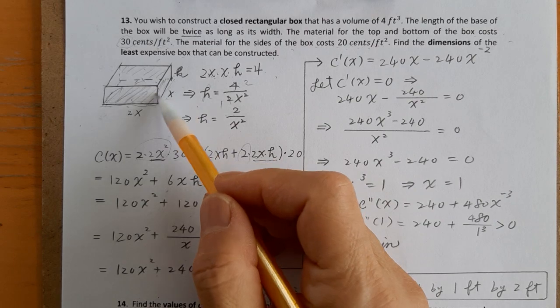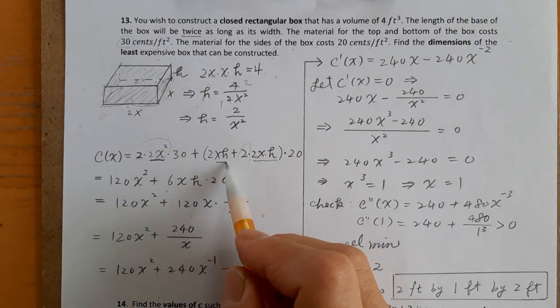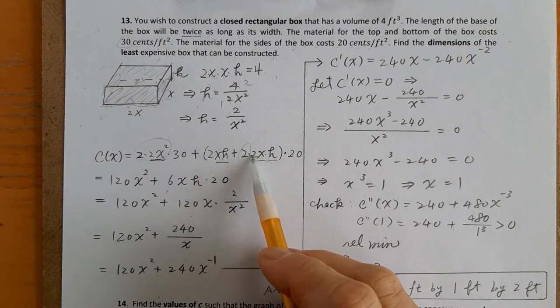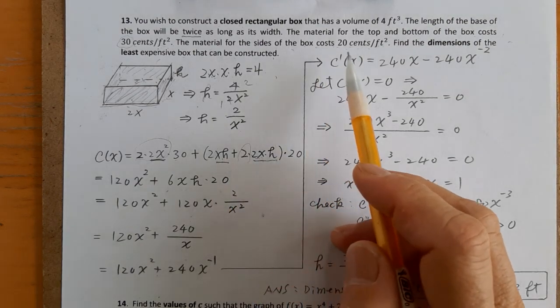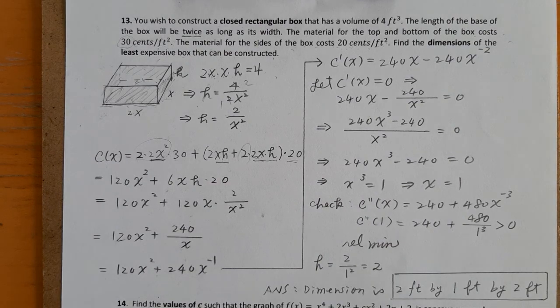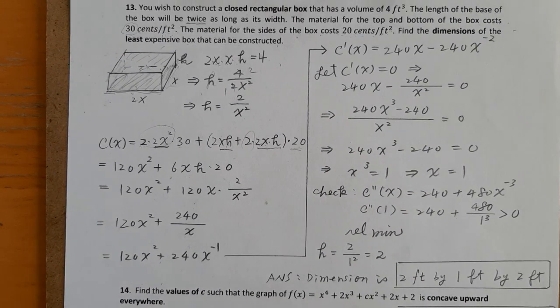And the right side is x times h, and the left side area is x times h, so double xh. Those are the 4 sides. Add together, each square foot is 20 cents, so total times 20 cents. And so this is the cost function.